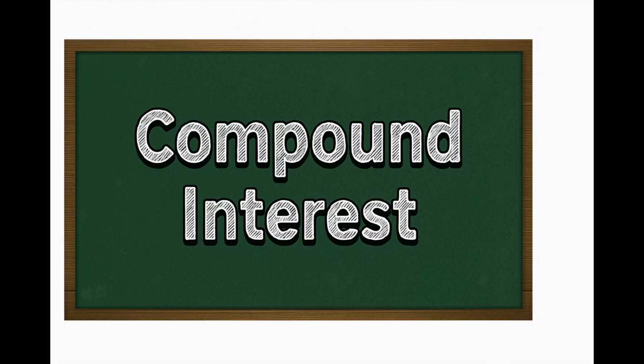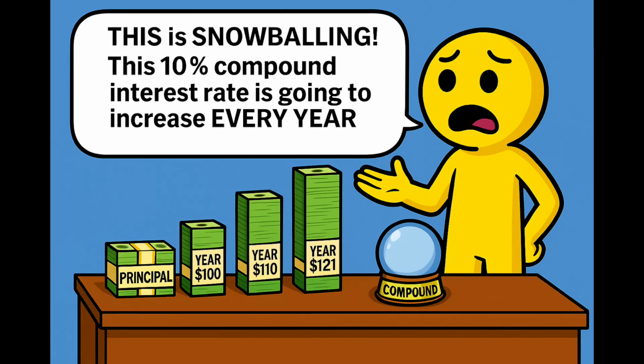Now, this one's a little sneakier. With compound interest, you pay interest on the principal and on the interest that's already piled up. It stacks up like my Aunt Rosa's lasagna. Let's say you got $1,000 at 10% compounded annually. Year 1, you pay $100, 10% of $1,000.